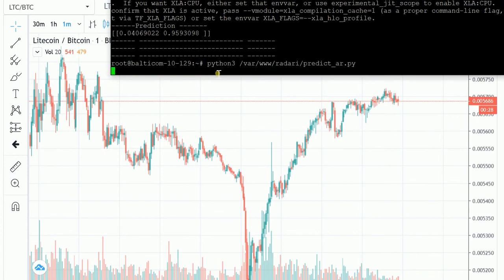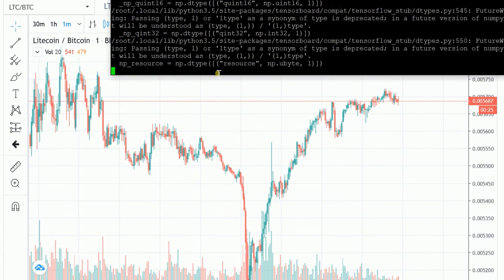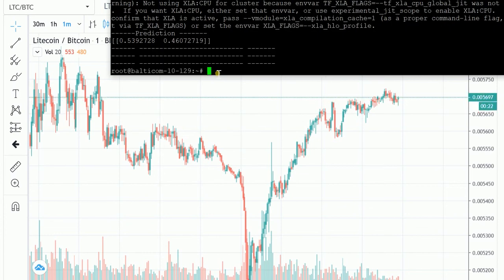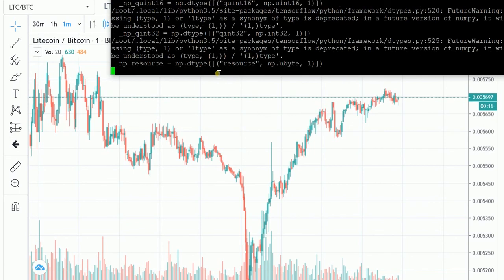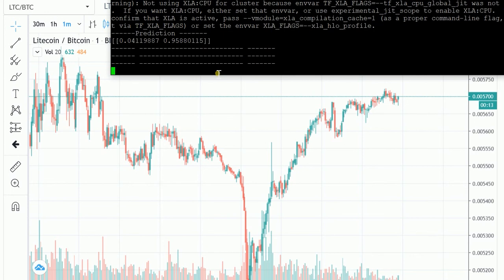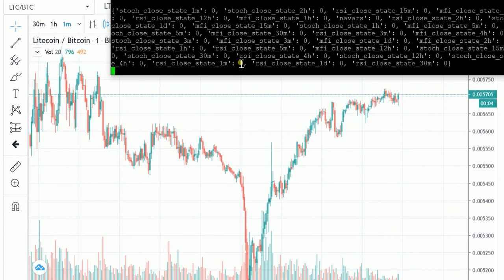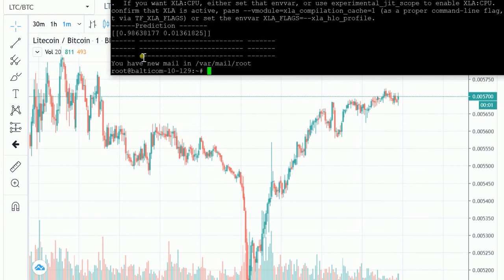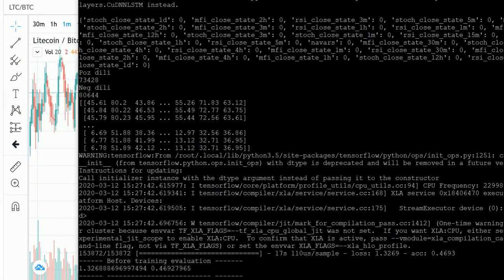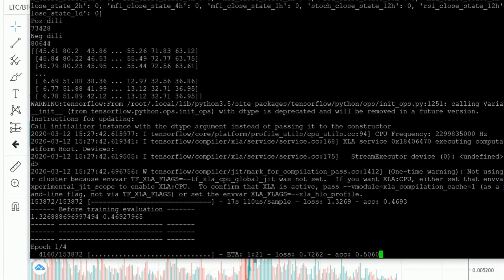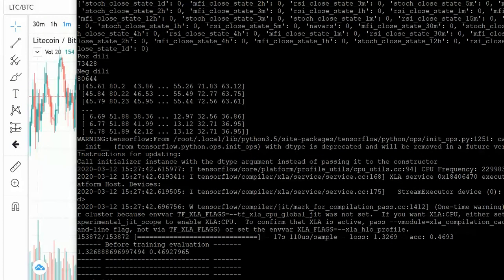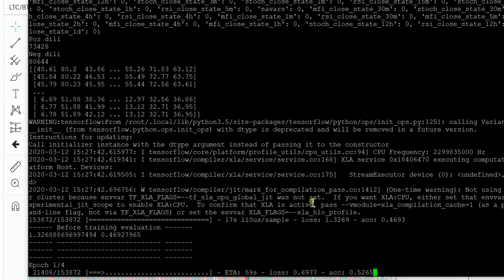Completely opposite right now. He's now telling, yeah, it will go upwards. He was thinking, and then he saw a green candle. He said, yeah, it will go upwards. And now he's telling, no, it will go downwards.